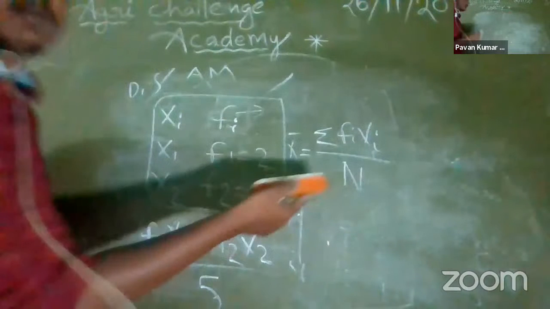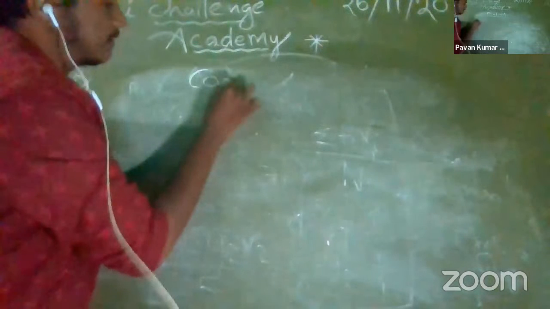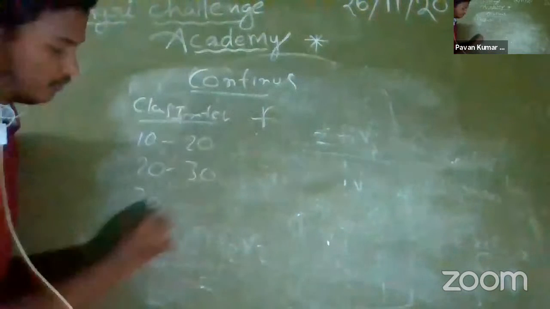Now, continuous data. In continuous data, here class intervals and their frequency, these two are available. They are like this: 10 to 20, 20 to 30, 30 to 40.